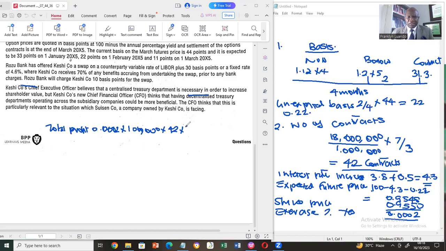This is 3 months, and 3 months over 12 is also standard. So the total profit will be 21,000.